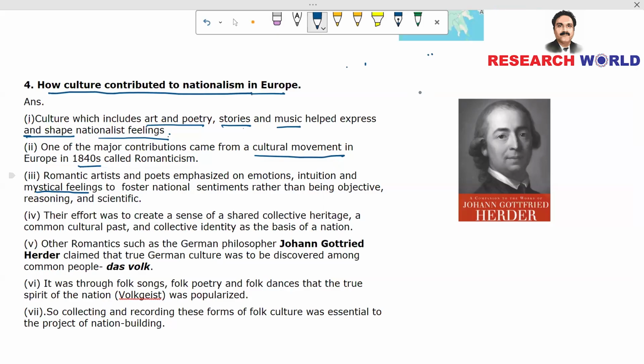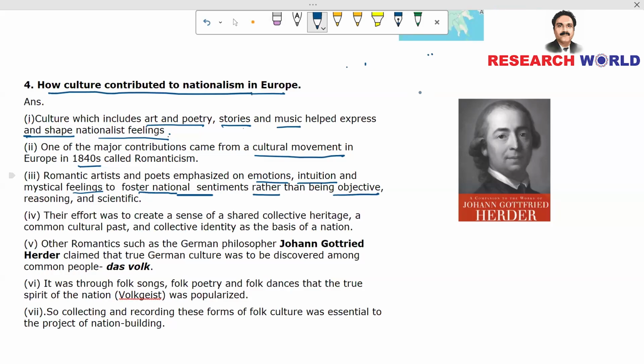All right. And these romantic artists and poets emphasized that people should become very emotional about their nation, have gut feelings, intuitions, and mystical feelings about their purpose. For what? To foster national sentiments, so that you have a connection with the nation. You should crave for nation building, rather than being objective.